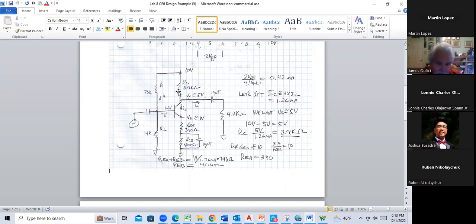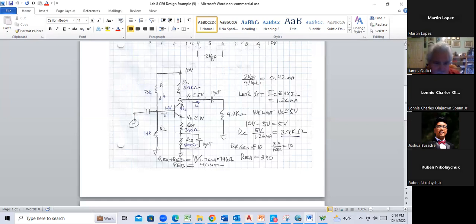So I recalculated and calculated that RC should be 2000 ohms. The one thing going on here though is I'm only getting half the gain that I want. Right now, I think I have 240 for REA, so I need to double that.